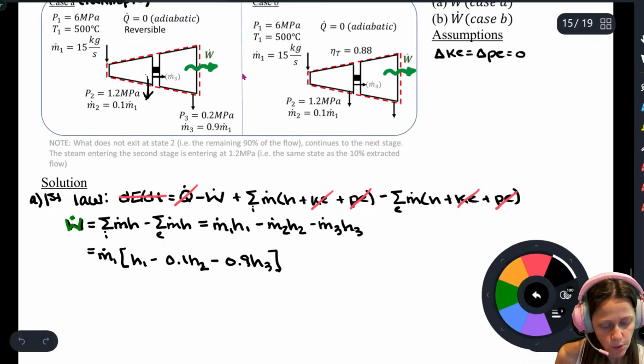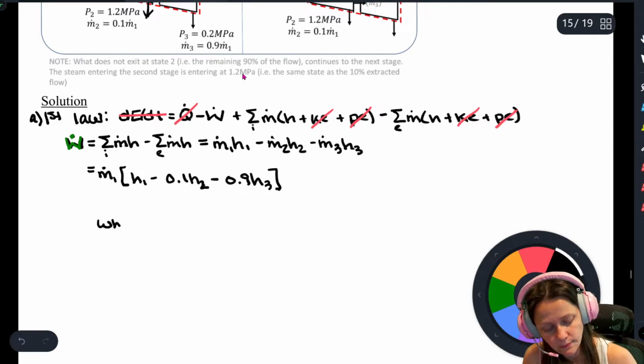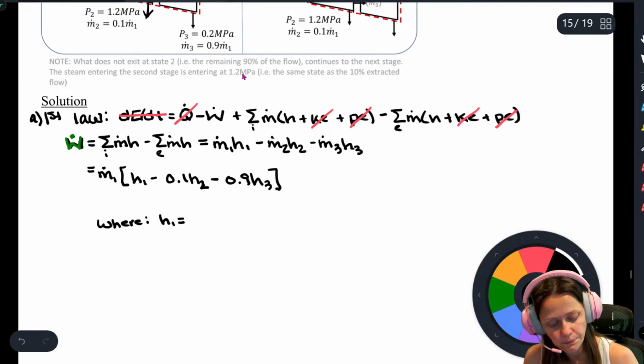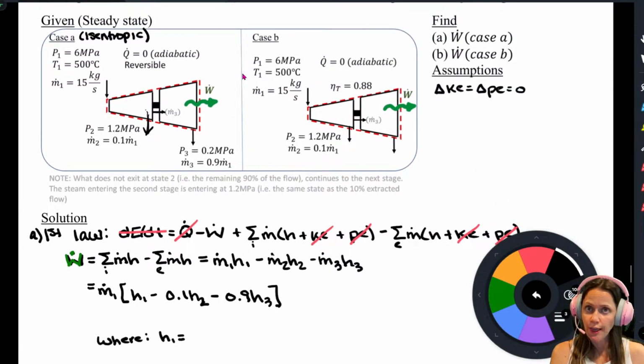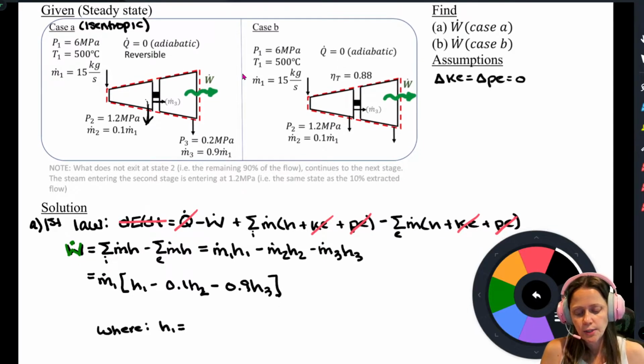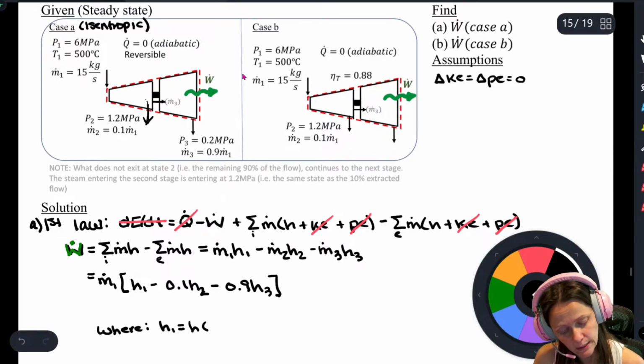But this is where my h1, we look back up here, I've got pressure and I've got temperature, and that is enough to fix my state. So 6 megapascals or 60 bar. It does end up being superheated, so I will go to the superheated tables at 60 bar, 500 degrees Celsius.